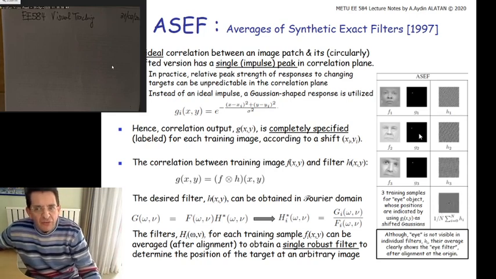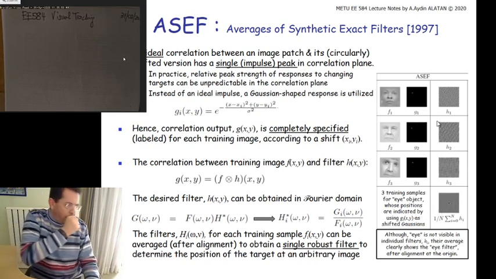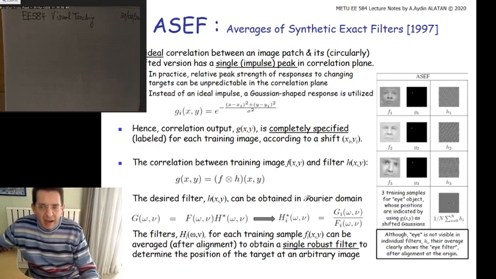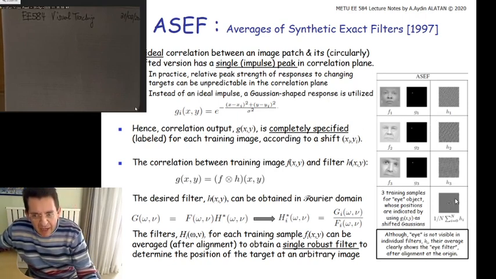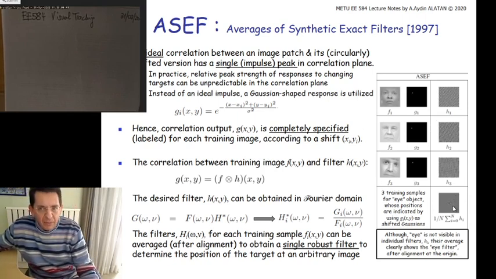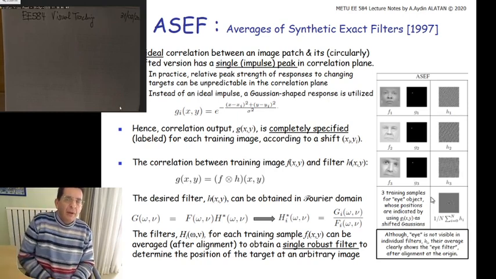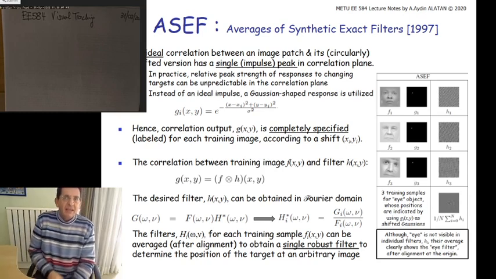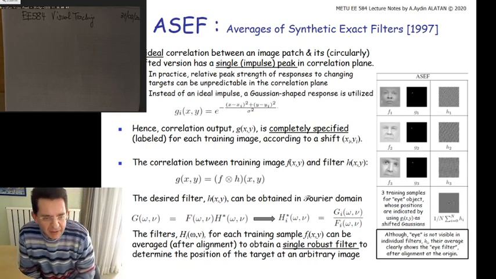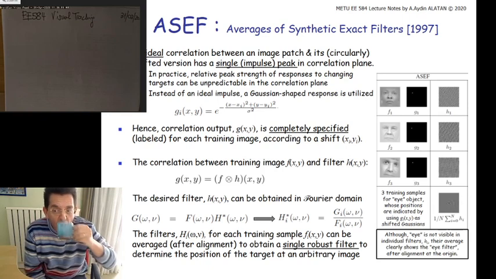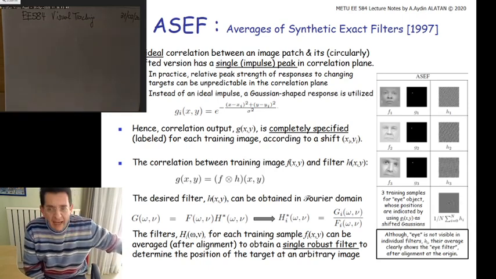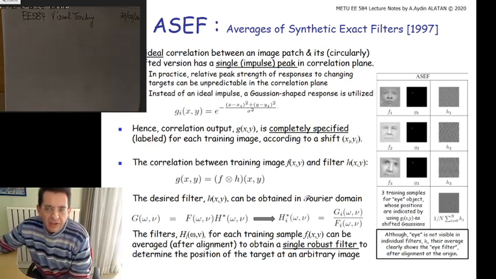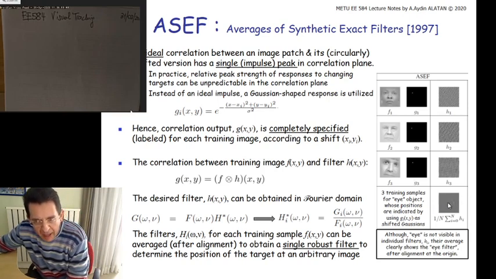And those shifted Gaussians, although in the beginning they are not visible, right now we were able to obtain some results out here. This is our very simple averaging of synthetic filters, and with the help of these filters we were obtaining a filter which is giving us a very intuitively acceptable result.